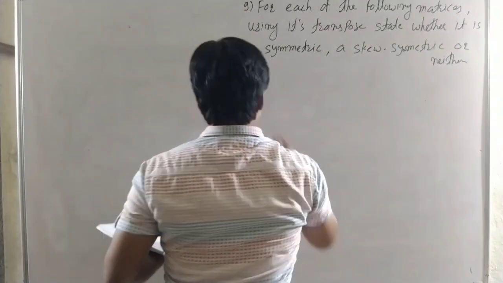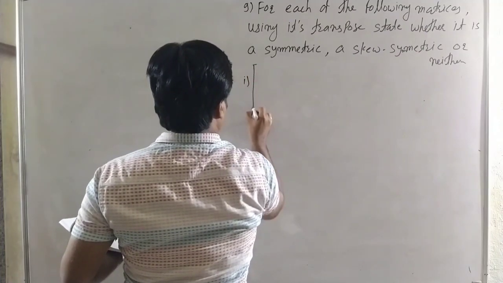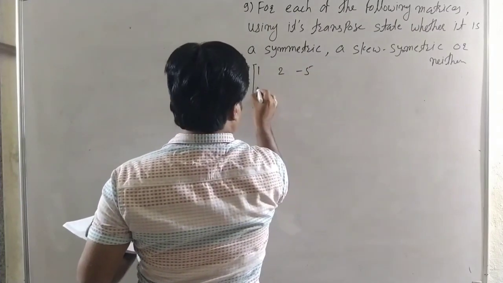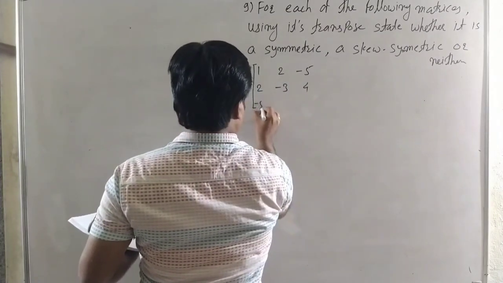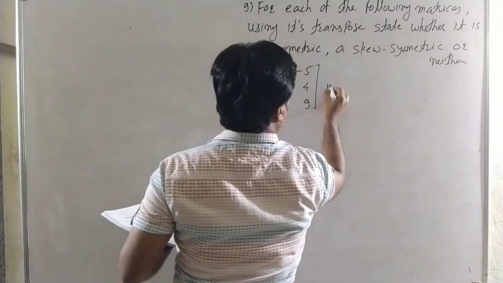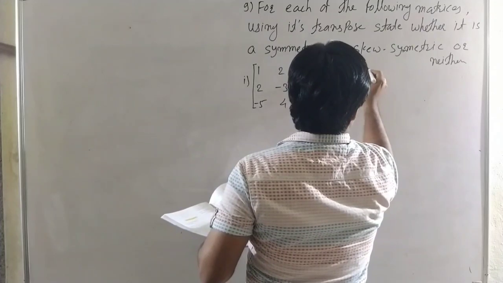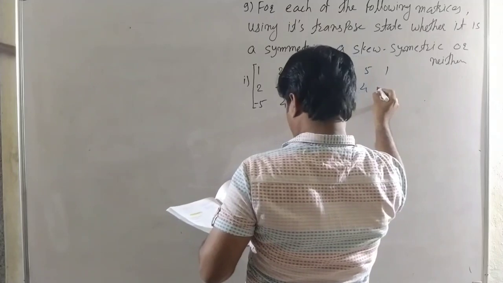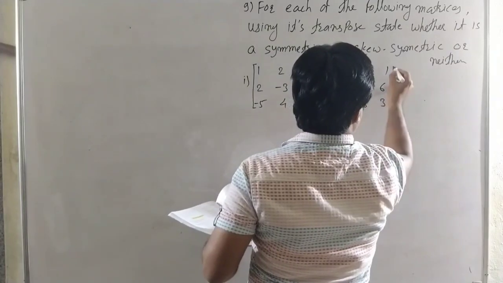Okay, here the first example: 1, 2, minus 5, 2, minus 3, 4, minus 5, 4, 9. Second: 2, 5, 1, minus 5, 4, 6, minus 1, minus 6, 3.